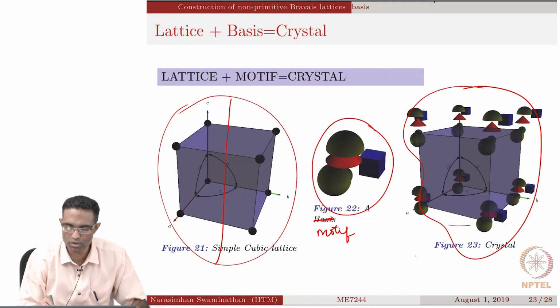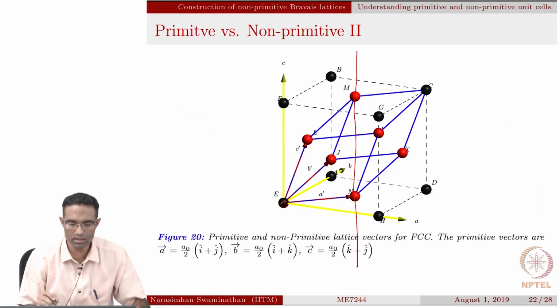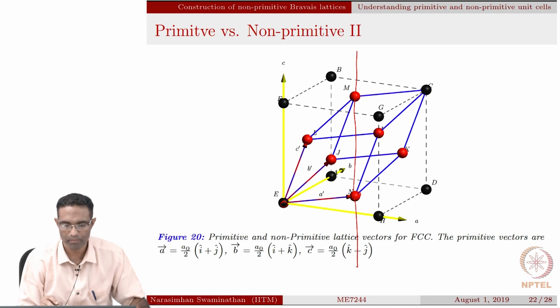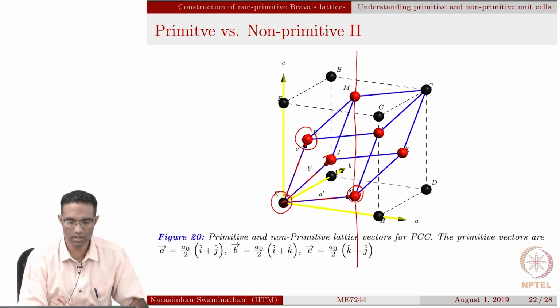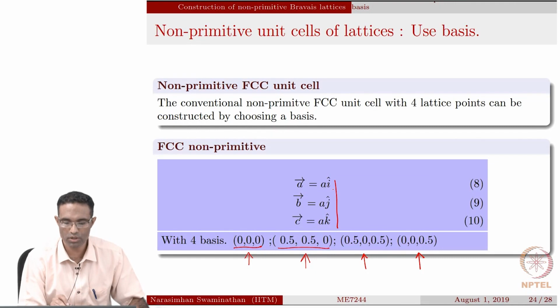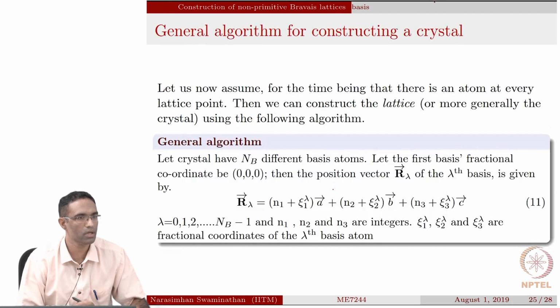So, we choose those 4 bases. So, these are the 4 bases: 1, 2, 3 and 4, the ones that are circled here. And now if you use these lattice vectors and construct your crystal structure, you will be generating an FCC lattice.